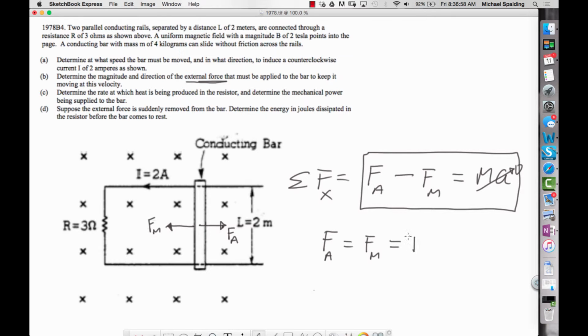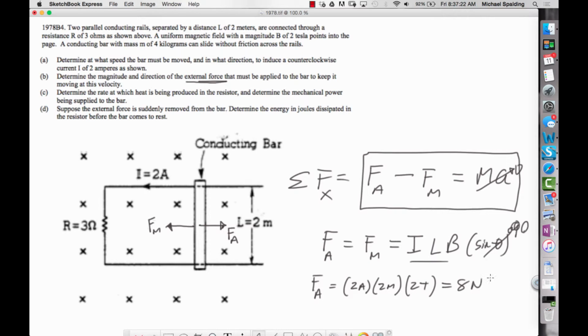Yeah, we do: I L B sine theta. But sine theta here is going to be 90. The angle between the magnetic field and the motion of the charged particles is 90. That's just 1. So the force applied, we're just going to go I L B. So it's going to be 2 amps times 2 meters times 2 Tesla, which gives 8 newtons. Like that. That's part B.